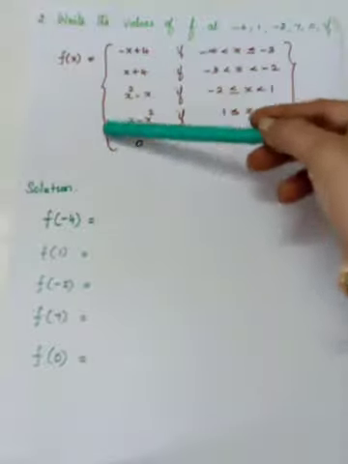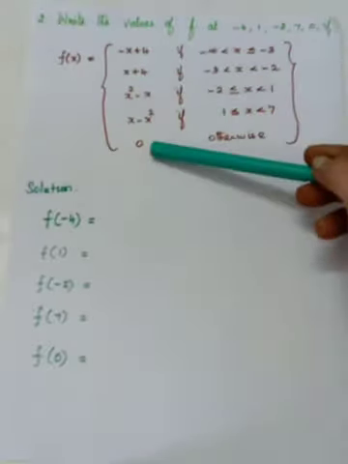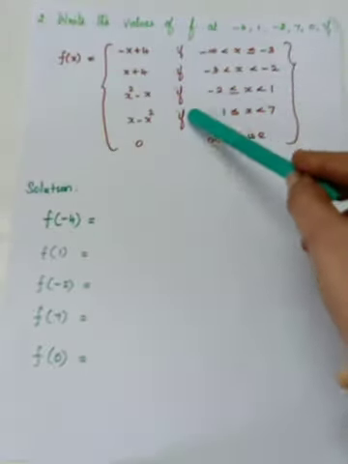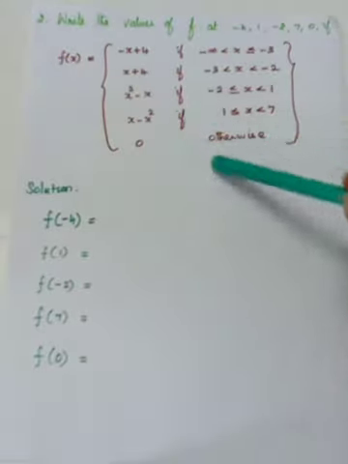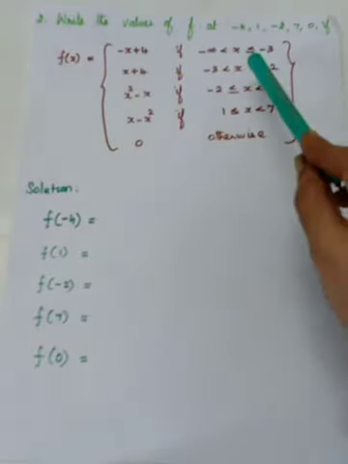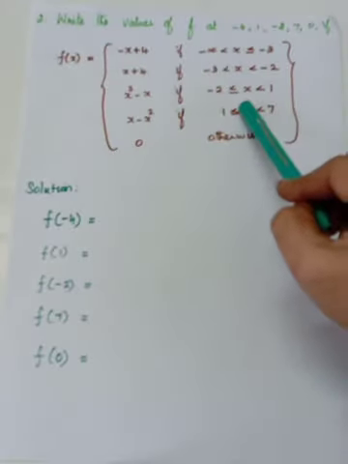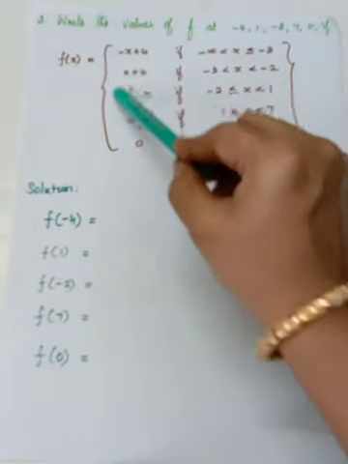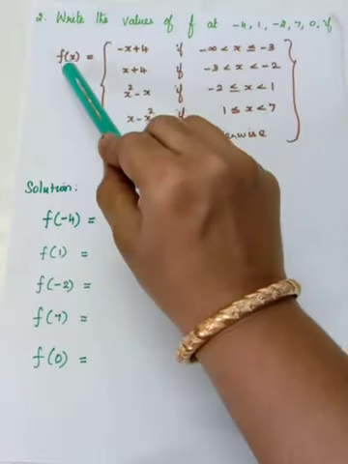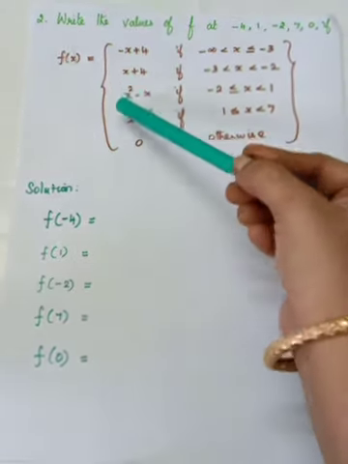These are the values of f of x, and this side you have the values of x. These are the values of x, and these are the values of f of x, or otherwise we can call it y.